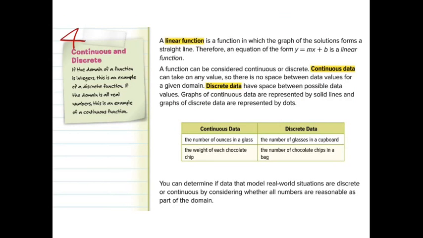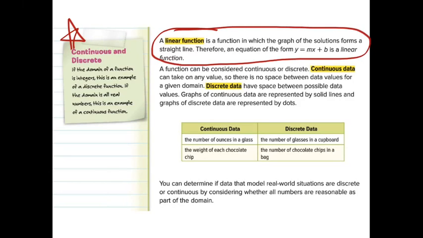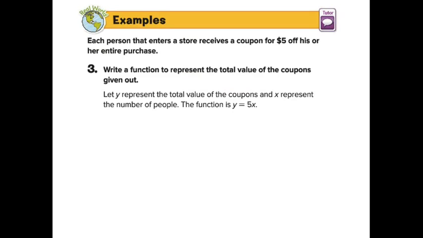Okay, we are going to pause on this continuous and discrete section. However, I do want you to put this linear function in your vocabulary. But we will come back to the continuous and the discrete data. Okay, we will come back to example 3.